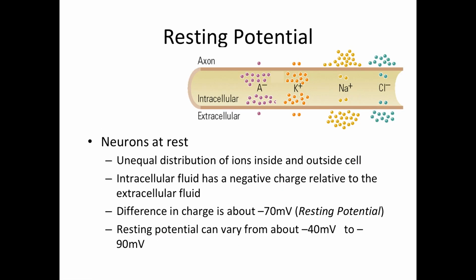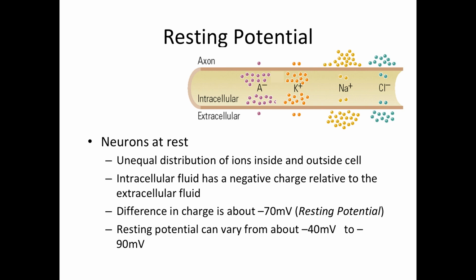Okay, so when a neuron is at rest, there is an unequal distribution of little ions inside and outside of the cell. So at rest, the neuron is more negatively charged inside of the cell compared to outside of the cell. So specifically, the cell is about 70 millivolts more negative on the inside compared to on the outside.